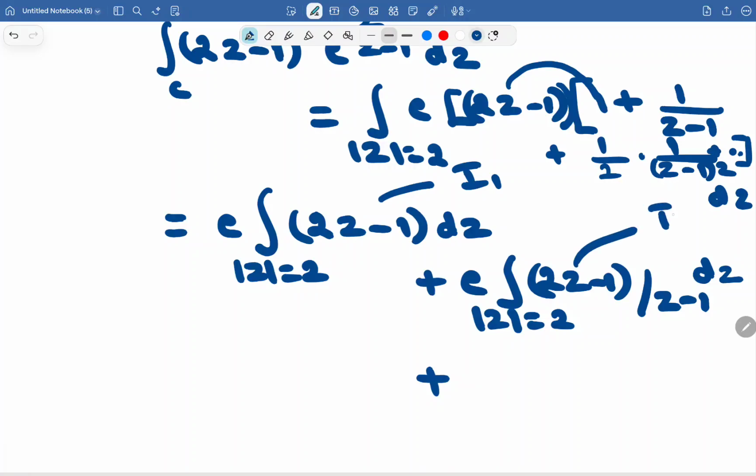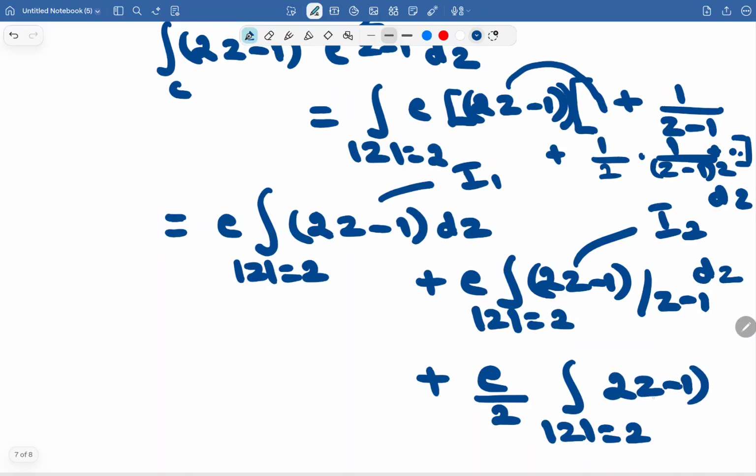This is I2. Plus e by 2 integral mod z equal to 2 of (2z minus 1) by (z minus 1) whole square dz, plus dot dot dot.